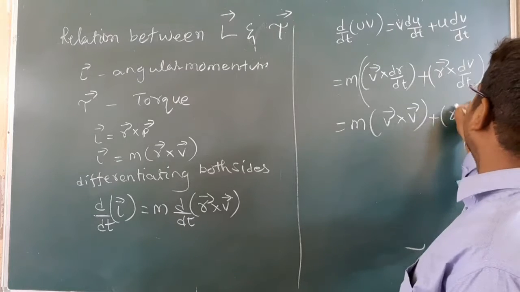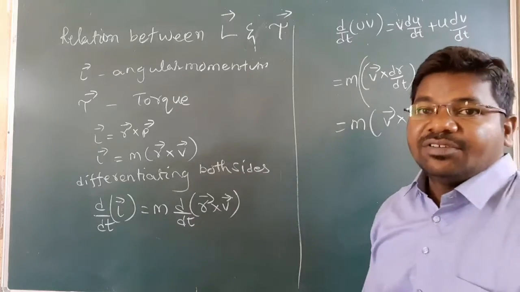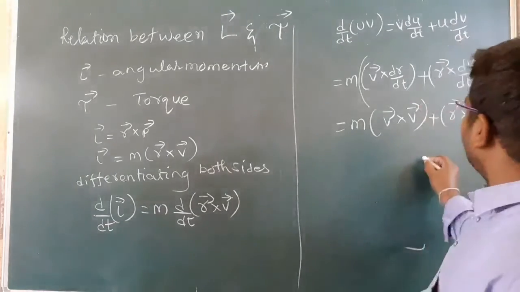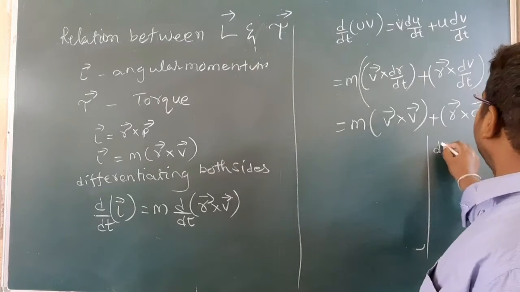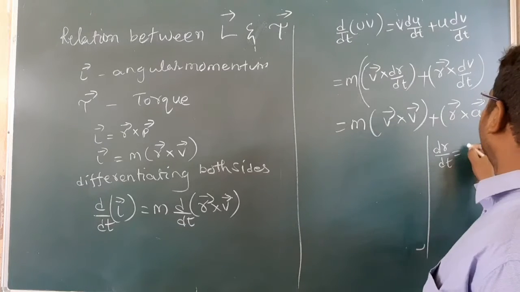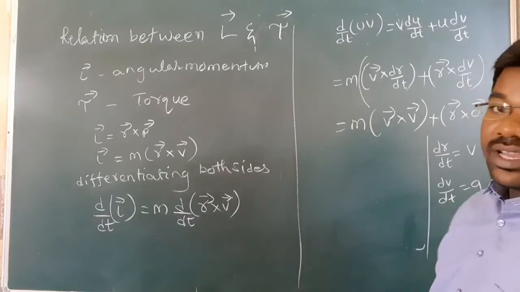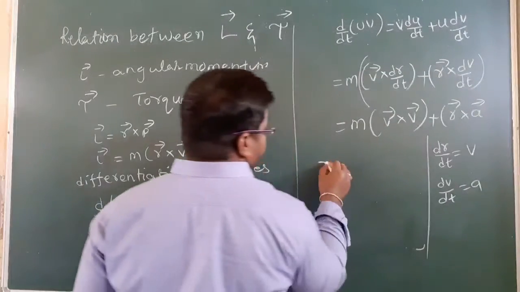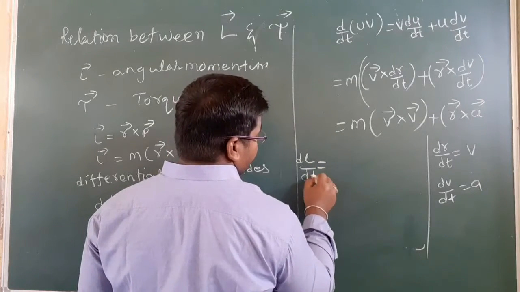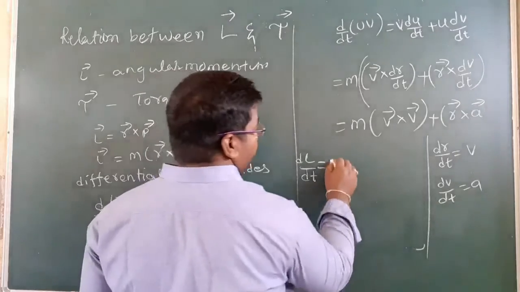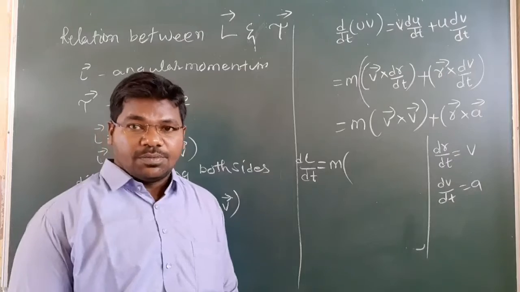plus r bar cross a bar, dv by dt is a. The clue here is dr by dt is equal to v, dv by dt is equal to a. Understand that, children? dL by dt is equal to m into v bar cross v bar.